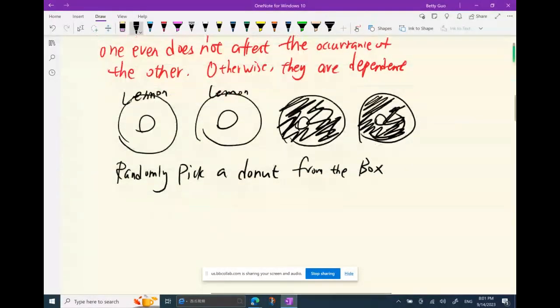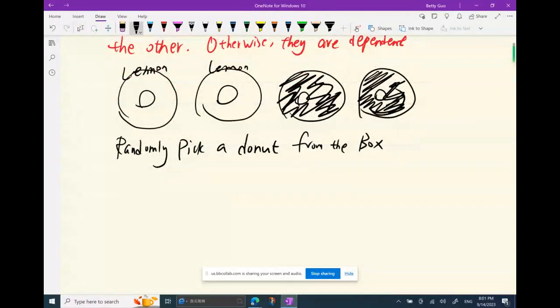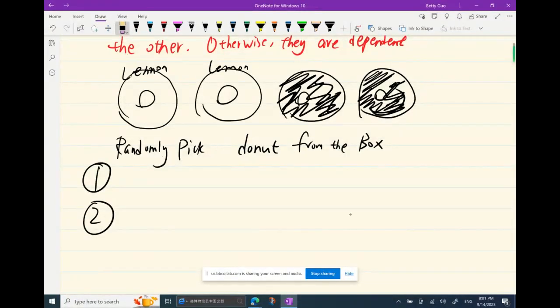So that's the background. We're going to consider 2 procedures, or 2 cases. No, my bad. We are going to randomly pick 2 donuts from the box.